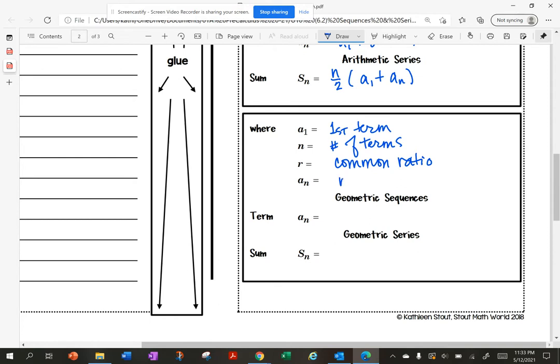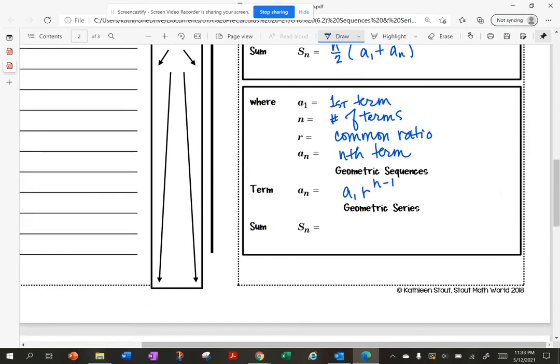A sub n is the nth term. My nth term is the first term times the common ratio raised to the power n minus 1.